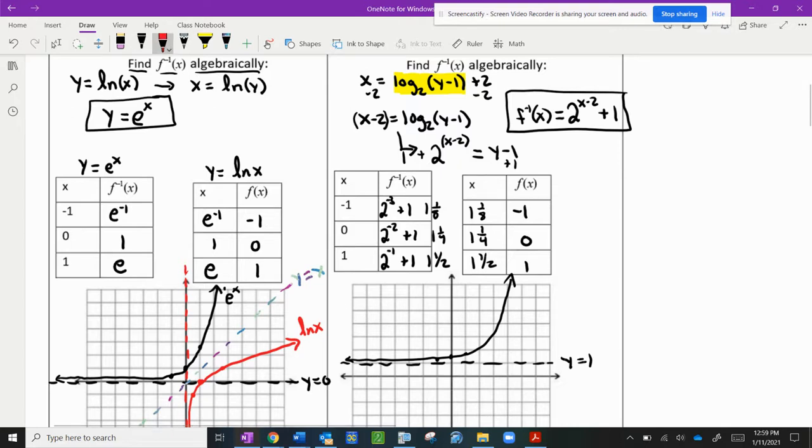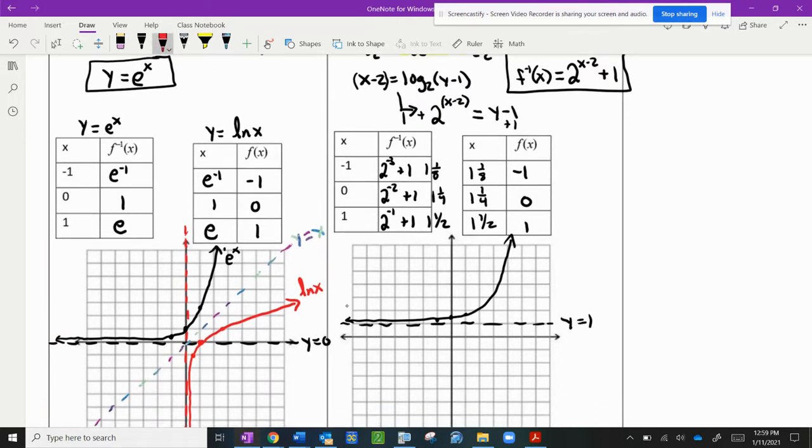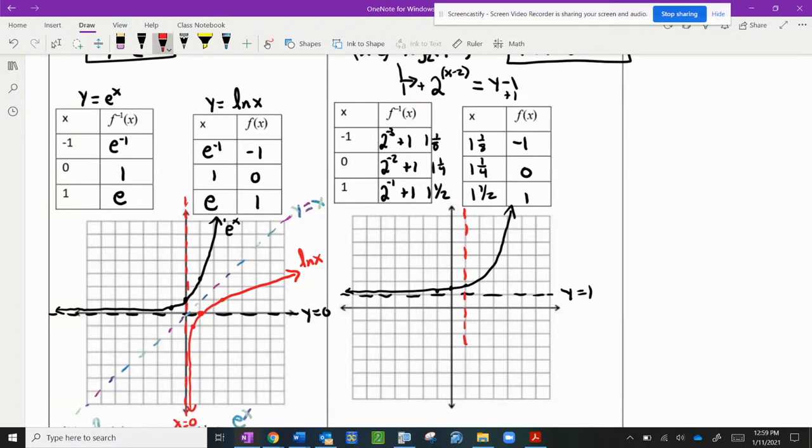I'm going to switch my color. And I know since I have a horizontal asymptote at y equals 1, I have a vertical asymptote for my log at x equals 1. And then I'm going to graph 1 and 1/8 and then -1, so down here.